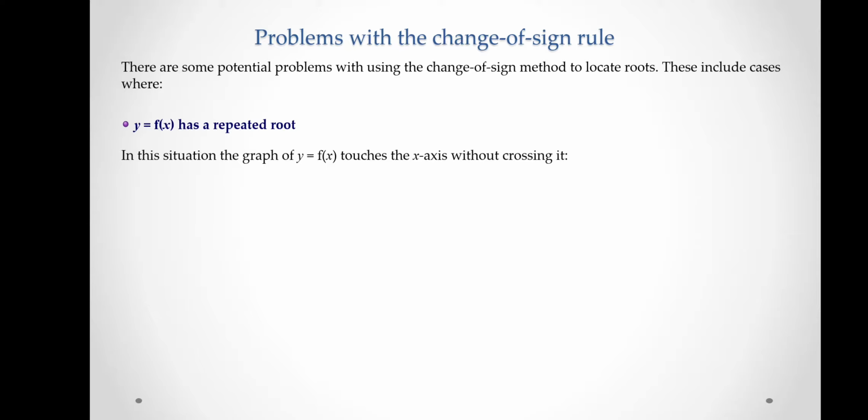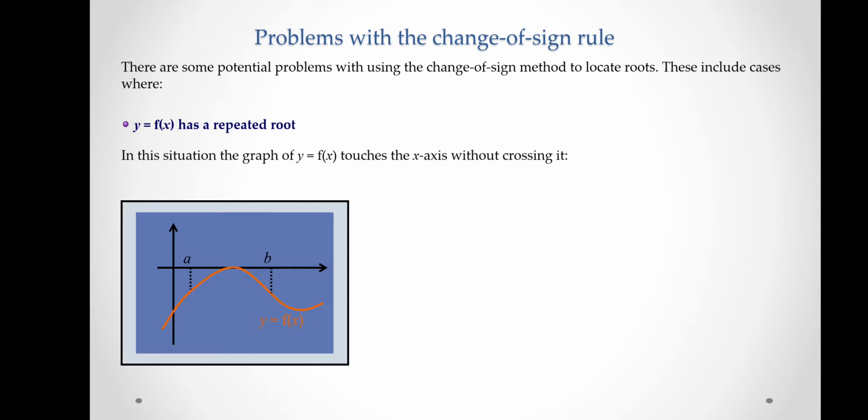So we know we don't have a sign change there, but it has a root there if it is a repeated root or a turning point. As an example, you can see the graph.